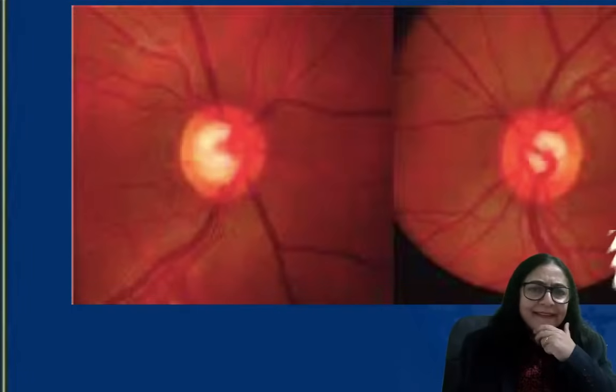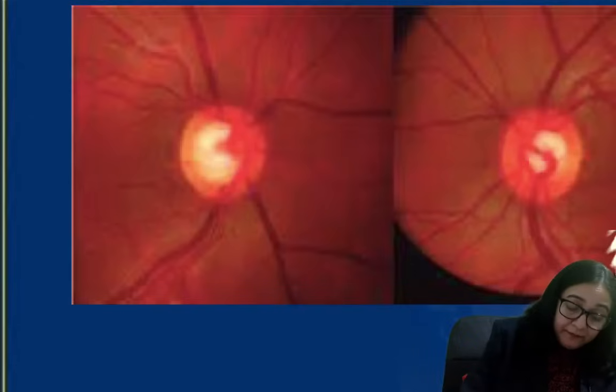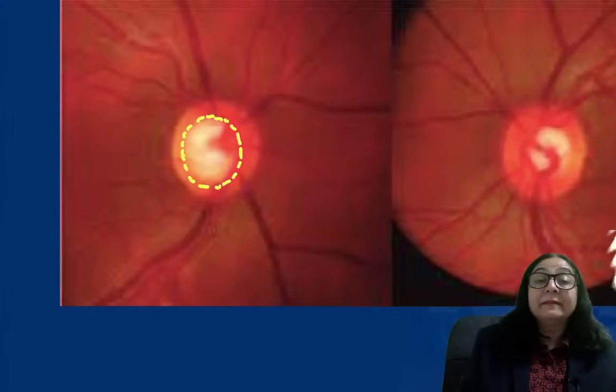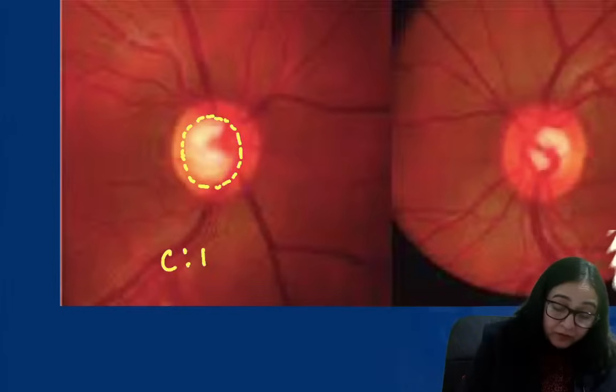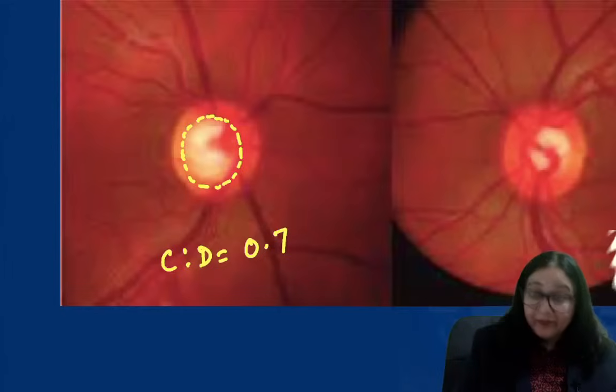Okay, so margins are well defined, but what is most striking over here? What is most striking over here is the large cup size. So this cup disc ratio is almost 0.7.